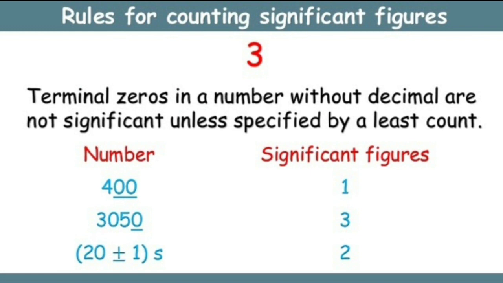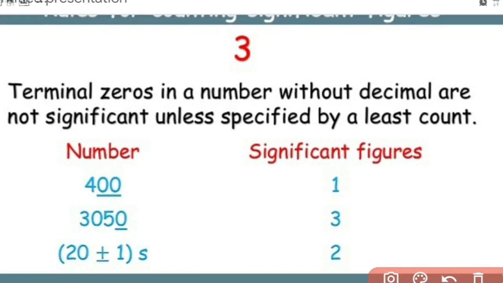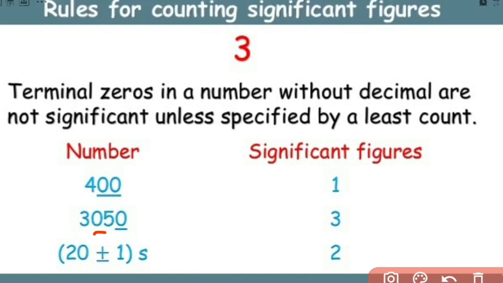For example, if the measurement is written as 400, the number of significant figures is only 1. 3050: here you have to apply 2 rules. There is a 0 between non-zero digits. That 0 is significant, but that trailing 0 is not significant. That's what we mean.